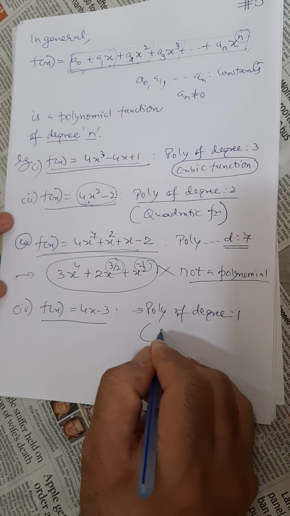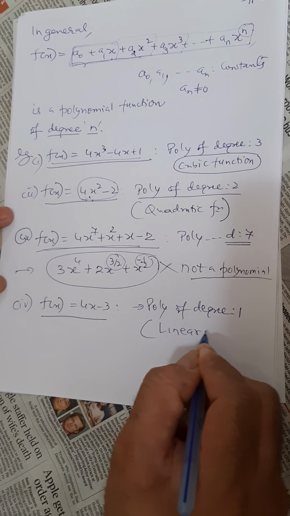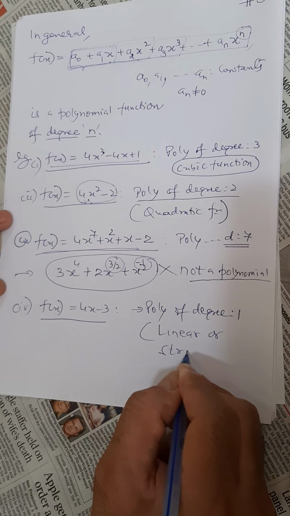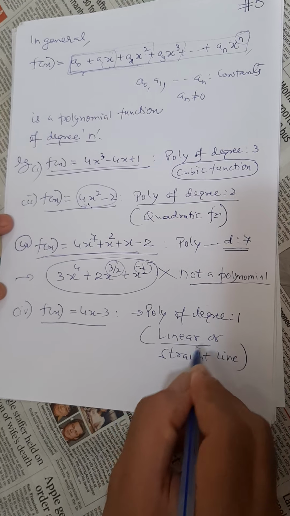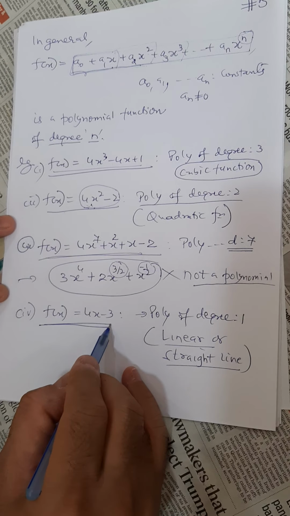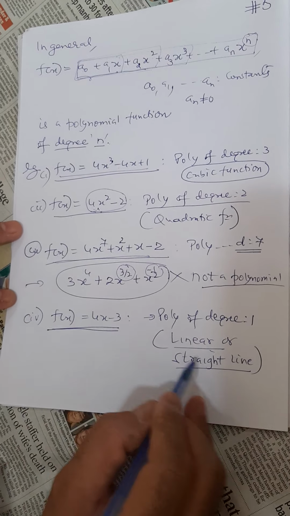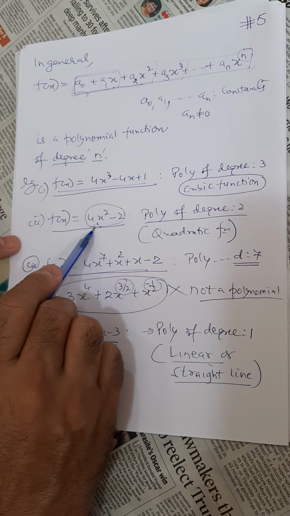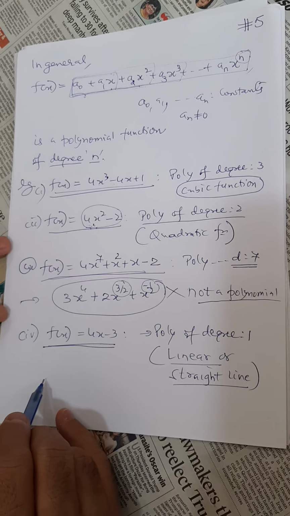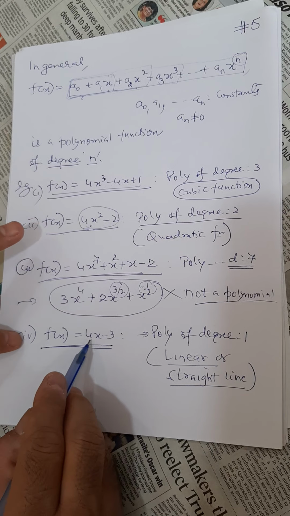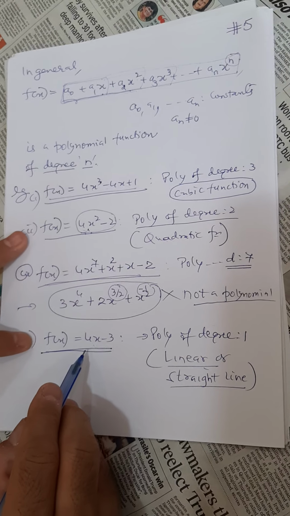This is nothing but, in our language, a linear or straight line function. If you have a linear function, the graph is a straight line. If it's quadratic, the graph is that cup shape. But for higher order functions it's not easy. So we mainly concentrate on these two, linear and quadratic functions.